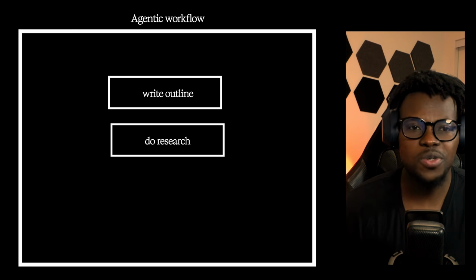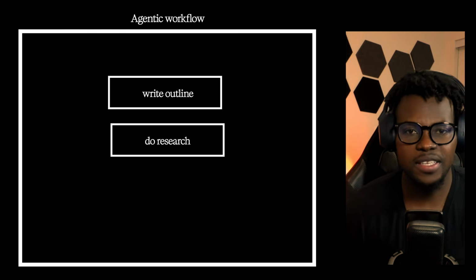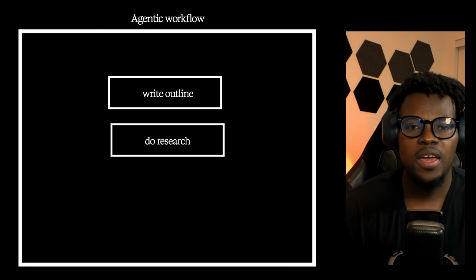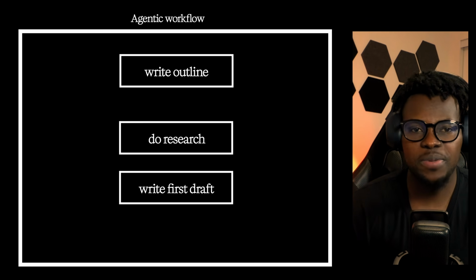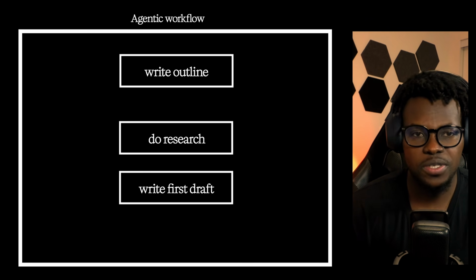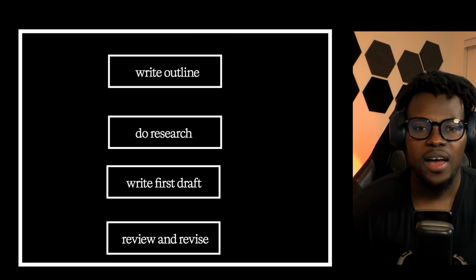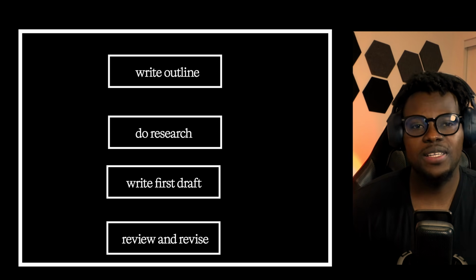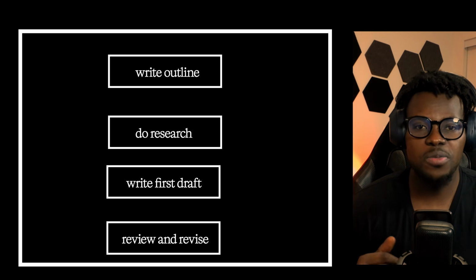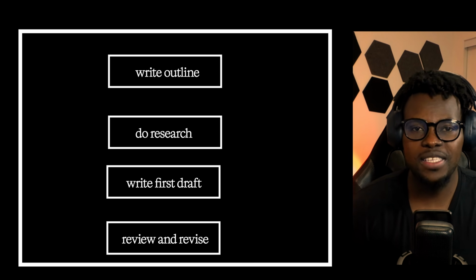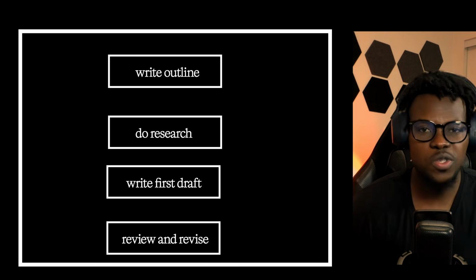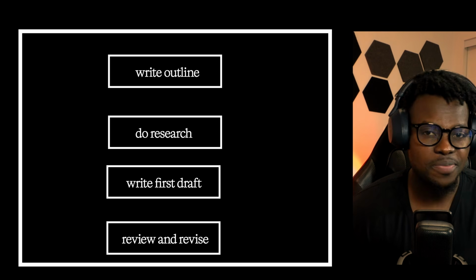I'll use a web search tool to find some key facts, dates, and economic figures. And now I'll write a first draft based on that outline and research. Finally, I'll review and revise the draft for clarity, accuracy, and flow. In general, it's a process where an LLM-based application executes multiple steps to complete a task, often using tools, reviewing its own work, and planning its next move.